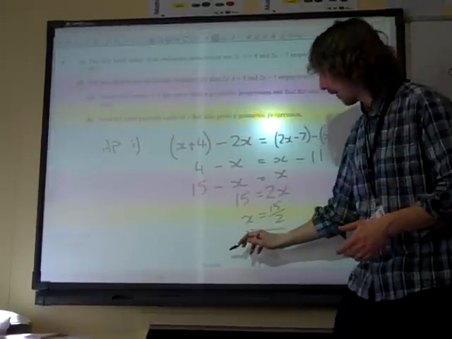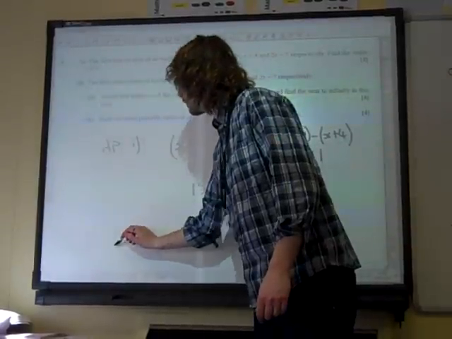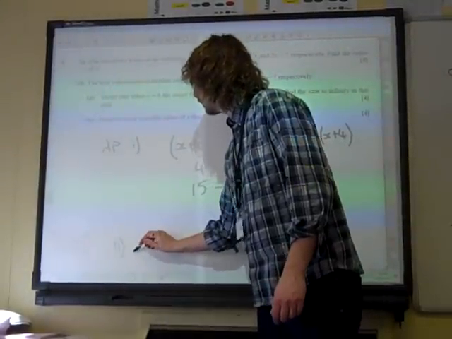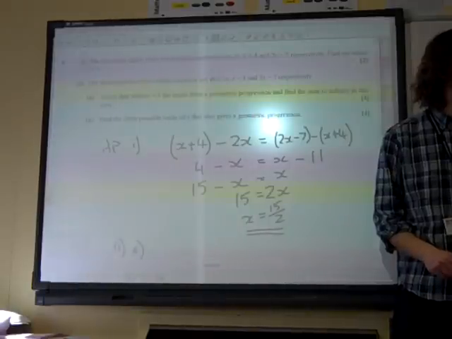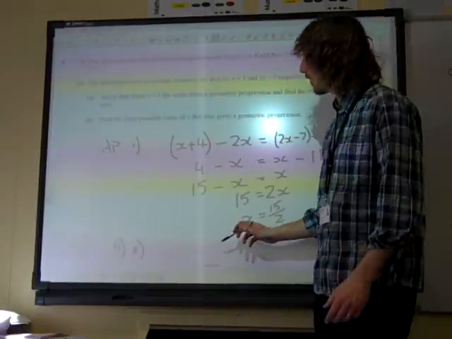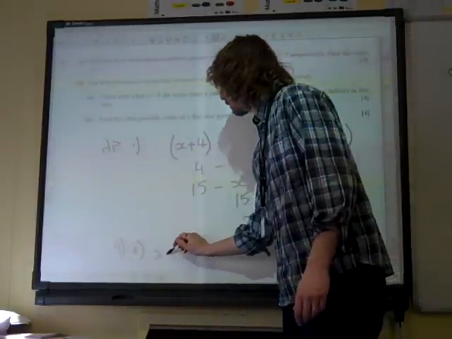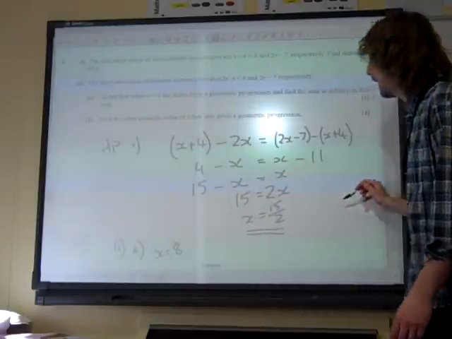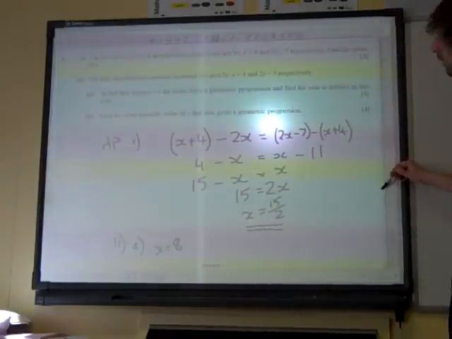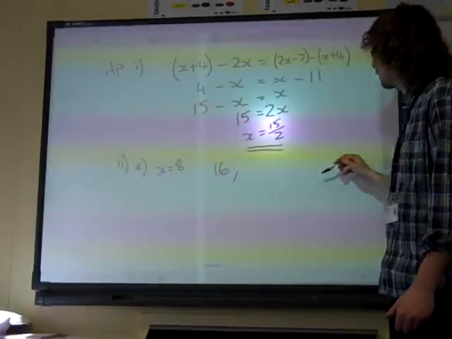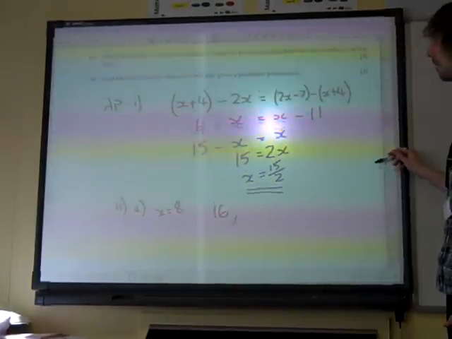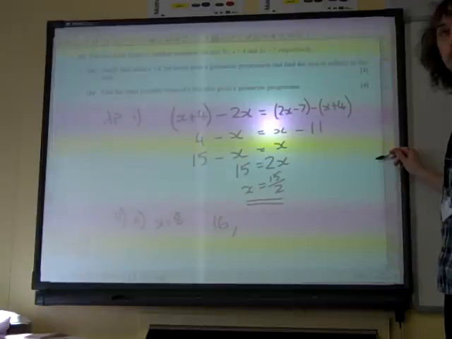So our first step is going to be, we're going to sub in some values there and see what that means the sequence is. If x equals 8, then the sequence is 2x would be twice 8, so 16. The next term would be x plus 4.